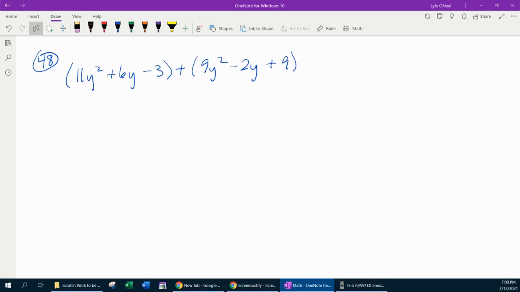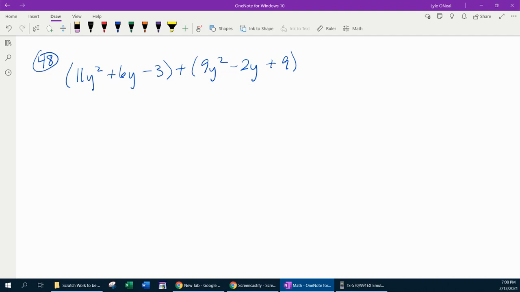All right, a couple more examples and we're going to be done with this lesson. Number 48 here, the instructions say add. On a test, it may say perform the indicated operation. So the indicated operation here is addition. And since I'm adding two trinomials, really what that boils down to is CLT.